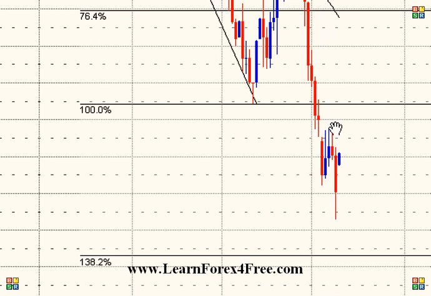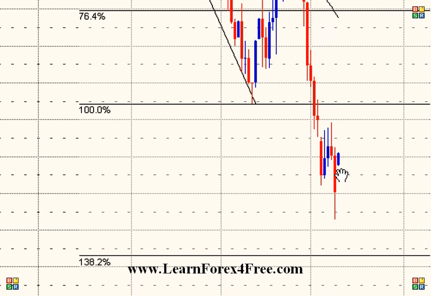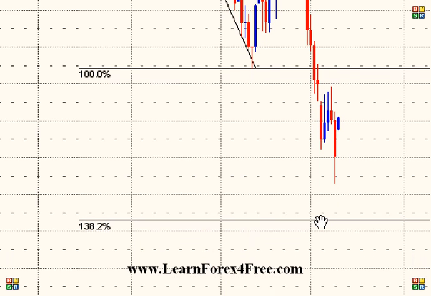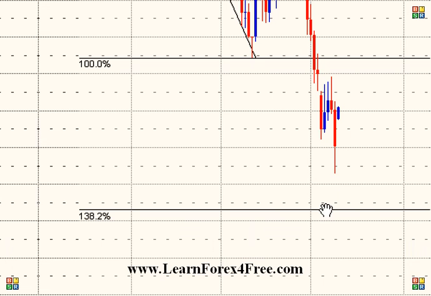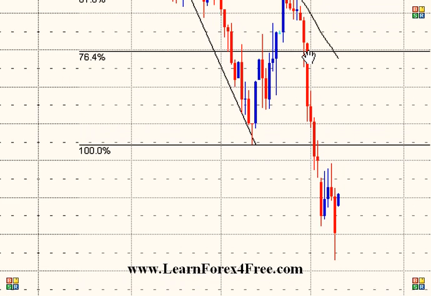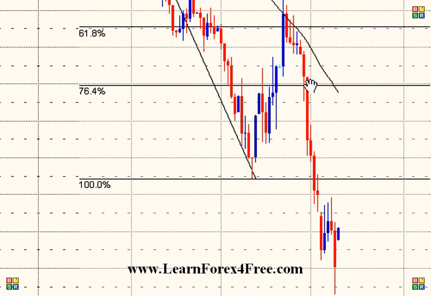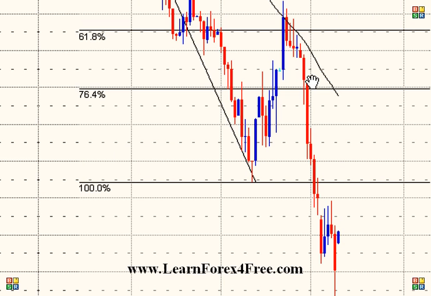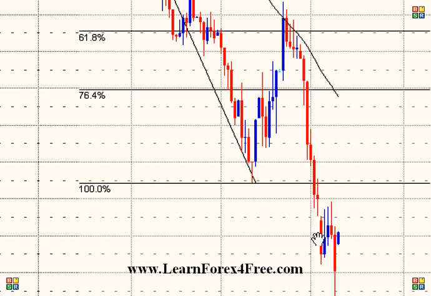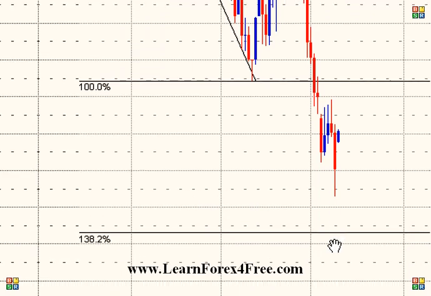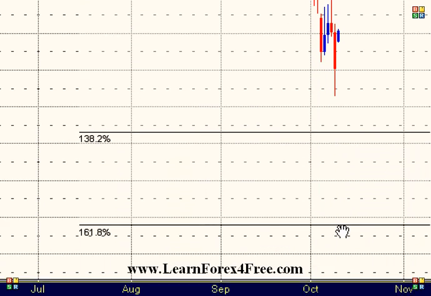So there is a likelihood that the candles can go all the way to the 138% level, so we had a profit potential to go all the way from here to down here or here.